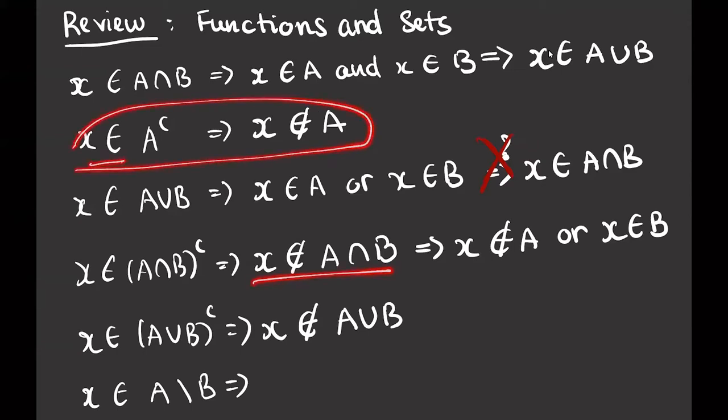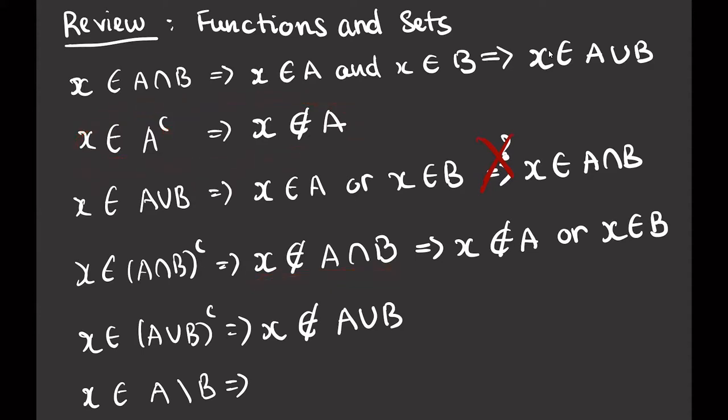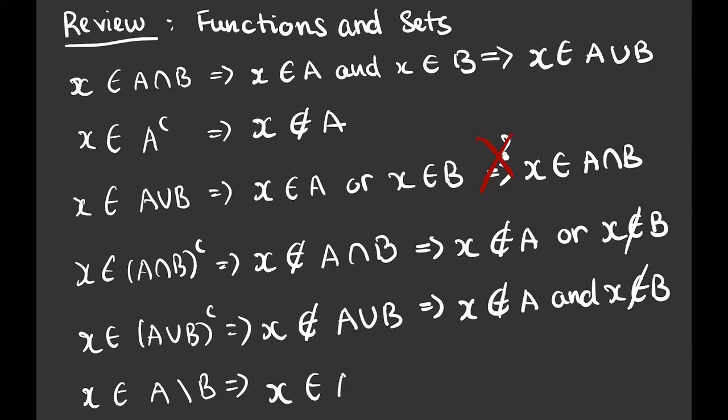If x is in something complement, it means x is not in that set. And if x is not in A union B, it means that x is not in A and x is not in B. And if x is in A exclude B, it means x is in A and x is not in B.